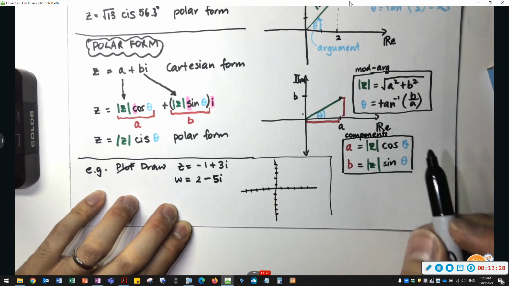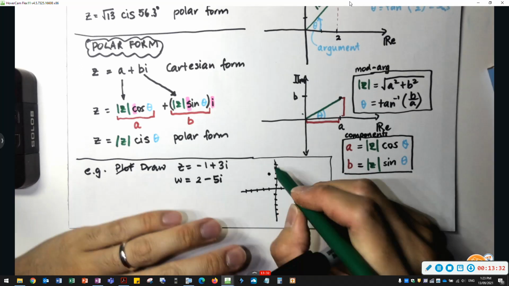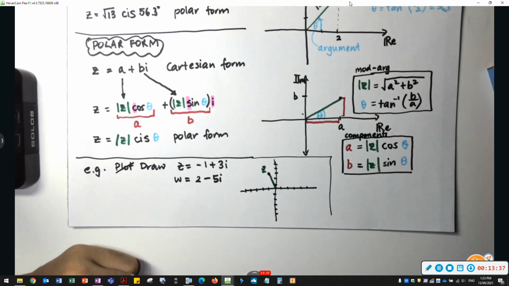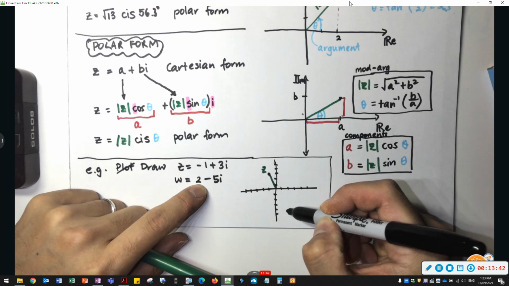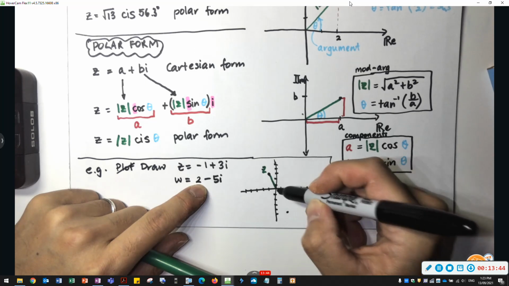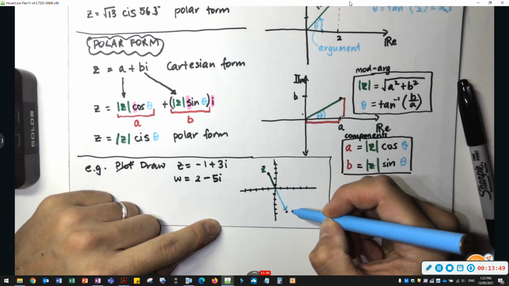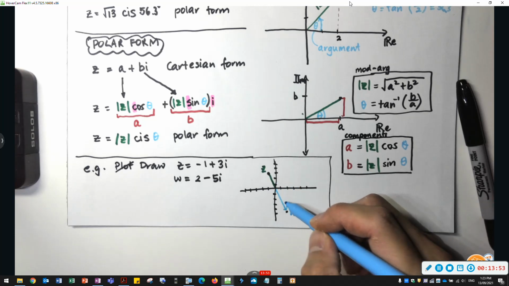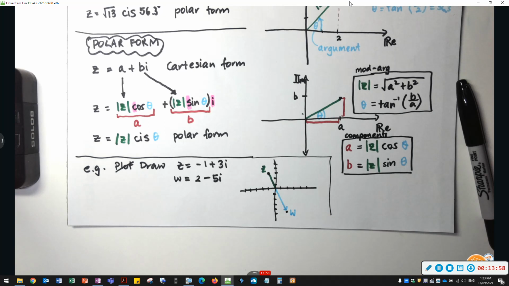So -1 plus 3i is right there. And then typically we draw a line to the origin, label that one as Z. Okay, 2 minus 5i, 1 2, 1 2 3 4 5 down here. Okay, there's a point there, and we'll just label this one W. Okay, now they kind of look like they're in line with each other with the same gradient, but if you check it, it's not true. It's just my sketch makes it look like it is.